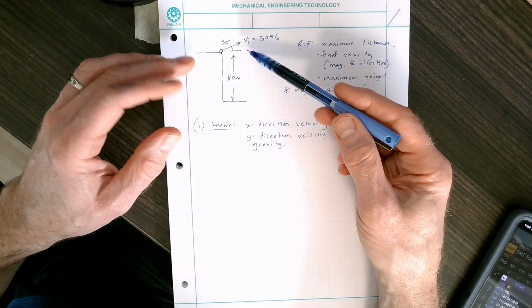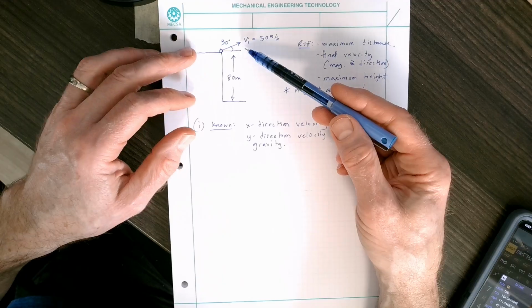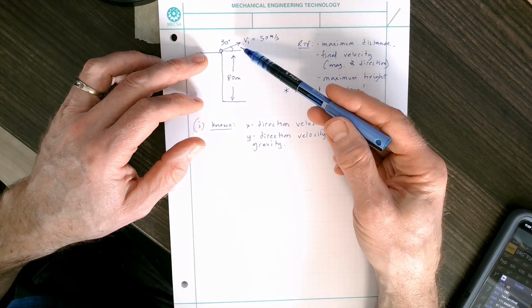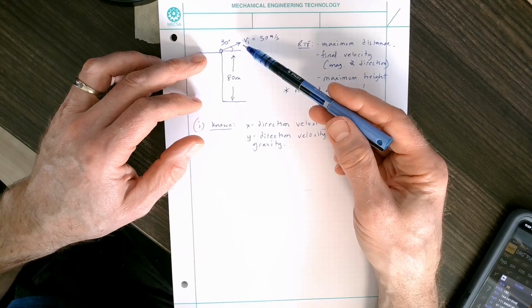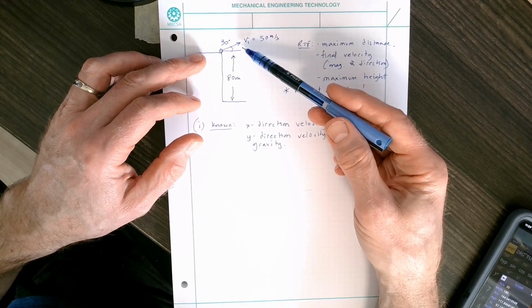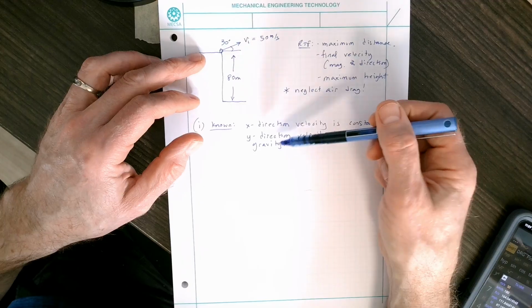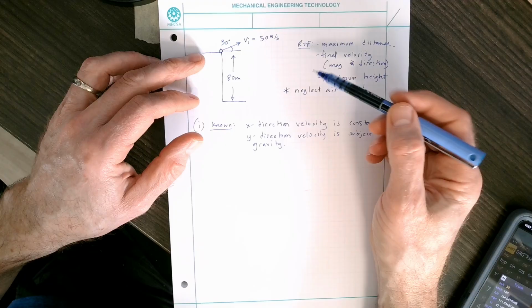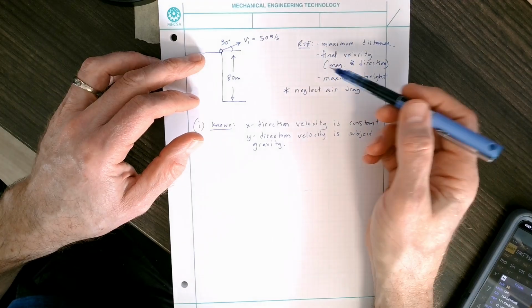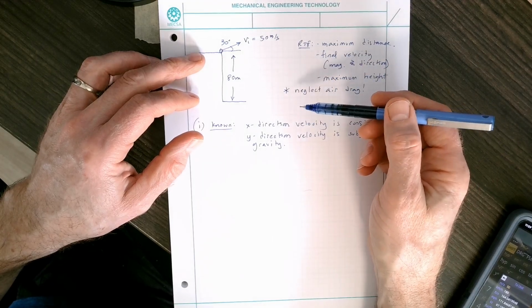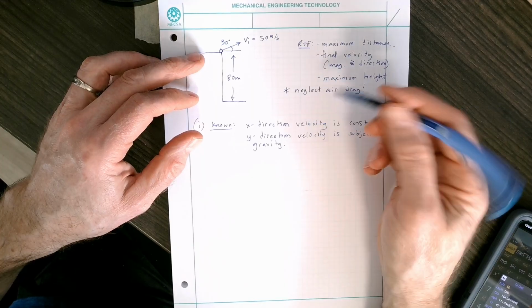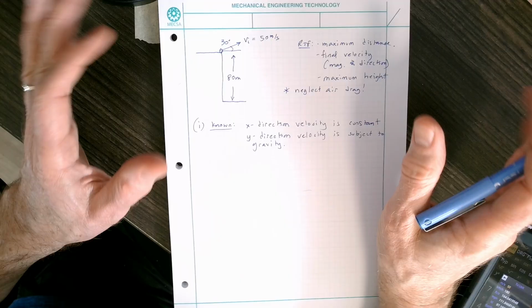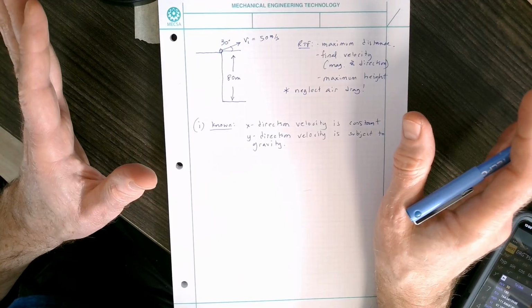Initially, one of the first things we're going to have to do is split this up. We're going to have to make this into x and y components. Resolve that into components. We have to. Initially, in the y direction, gravity causes a deceleration in y until the max height is reached, and then it causes an acceleration in y. So these are the things you have to keep front and center.